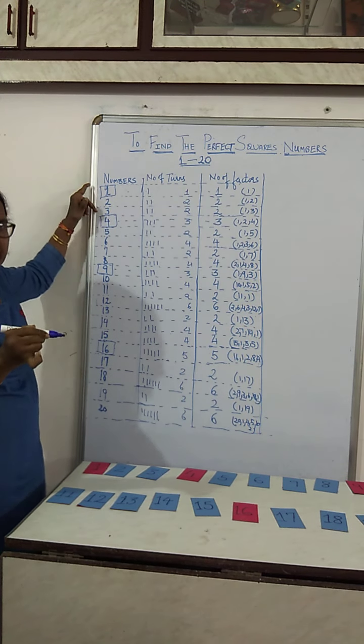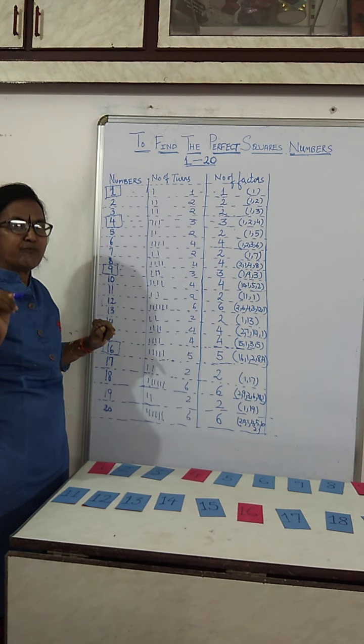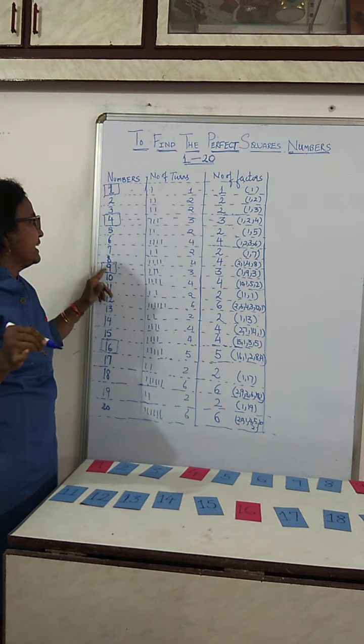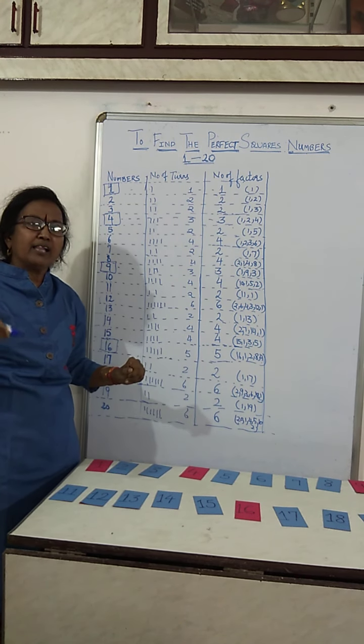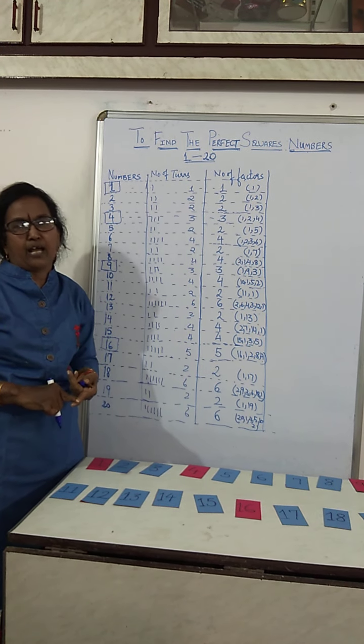So the number of factors of these perfect squares are odd numbers. That is, 1 has only 1, 4 has 3, 9 has 3 and 16 has 5. So the number of factors of a perfect square is always an odd number.